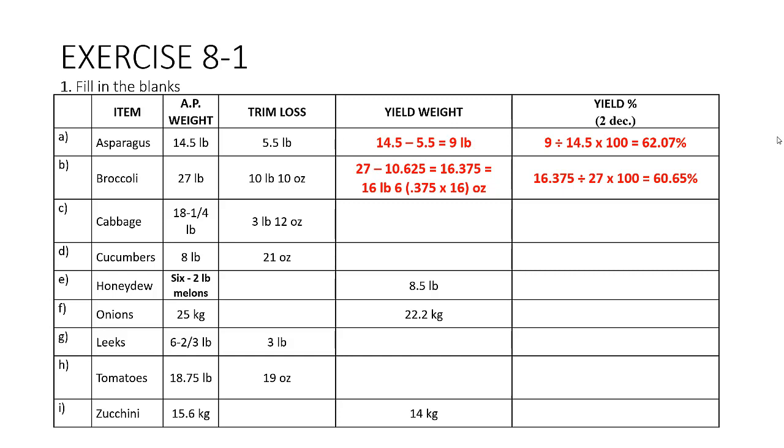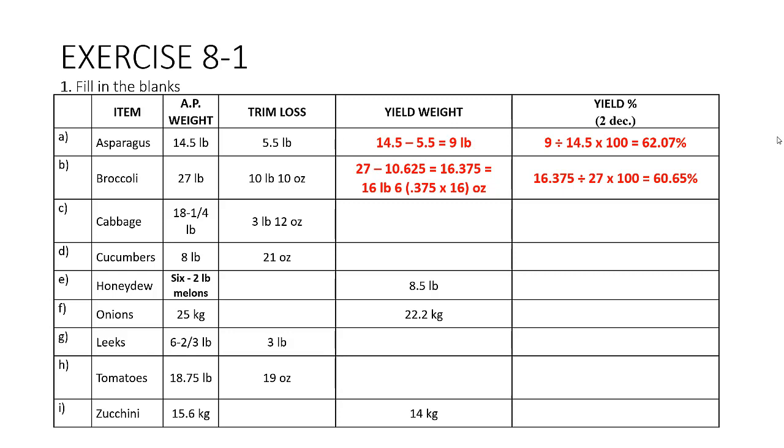Again, the first thing you'd want to do is to convert both of these into their decimal equivalents. So our AP weight of 18.25 pounds is 18 pounds and 1/4 pound, which is 4 ounces, or 4/16, or just divide 1 by 4. 1/4 pound is 0.25. So the AP weight is 18.25.